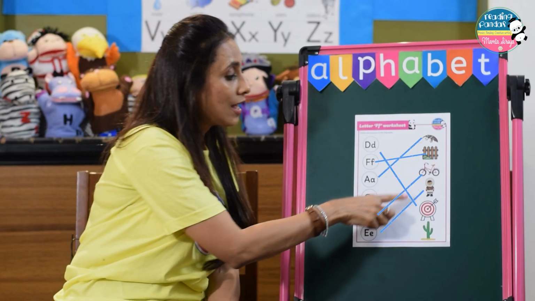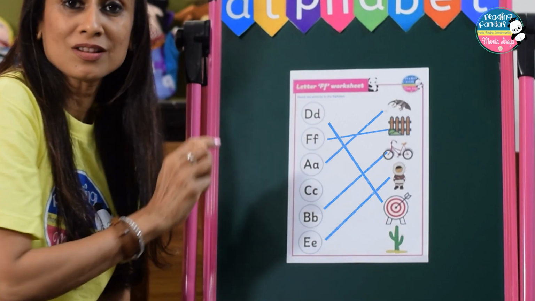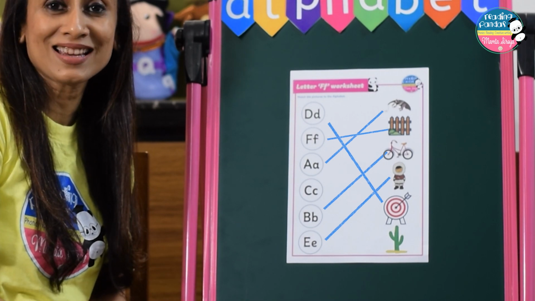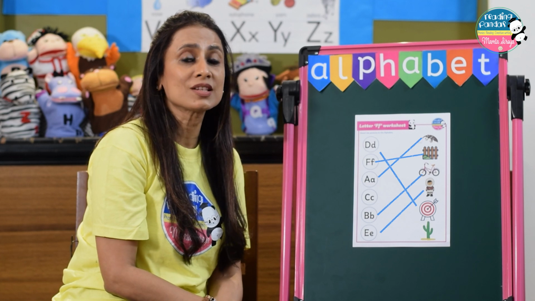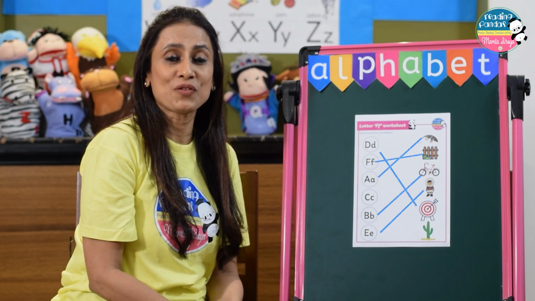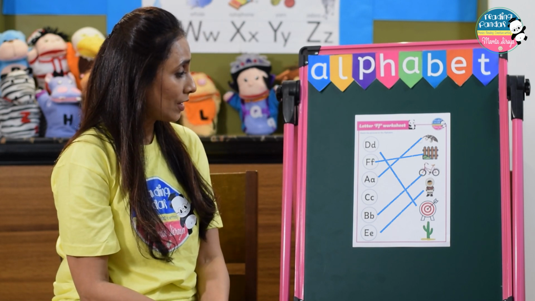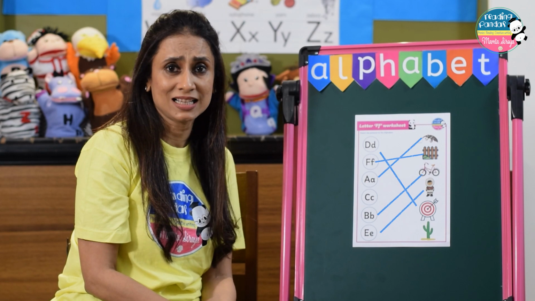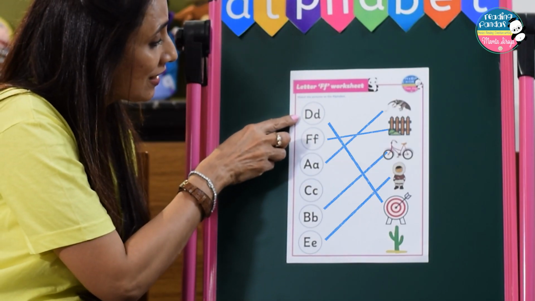And then which is the last picture here? This is the cactus. Ouch! It's pokey pokey. And cactus begins with which sound? It's K. Very good. K, cactus. But where is this letter K? Can you help me find it? So let's get looking.